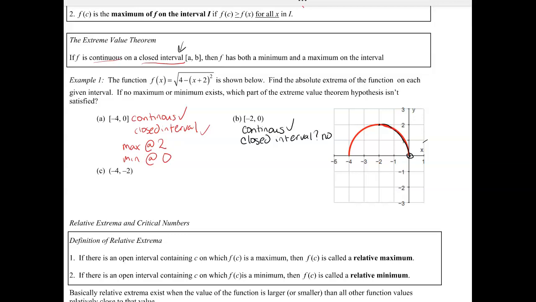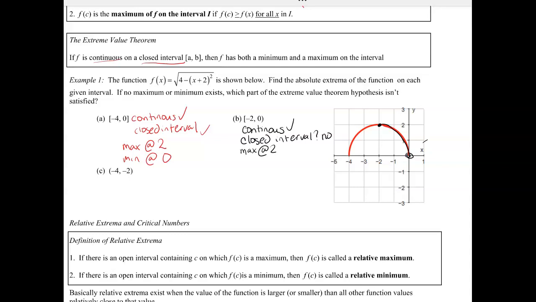So all of that means is that the extreme value theorem doesn't really apply, because we don't have the closed interval in order to say that this theorem applies. So does everything fall to bits and shambles? No, it really doesn't. We can still find some of these things. Looking at that, we still have a max at 2 on that interval because there's still a pretty solid point up there.